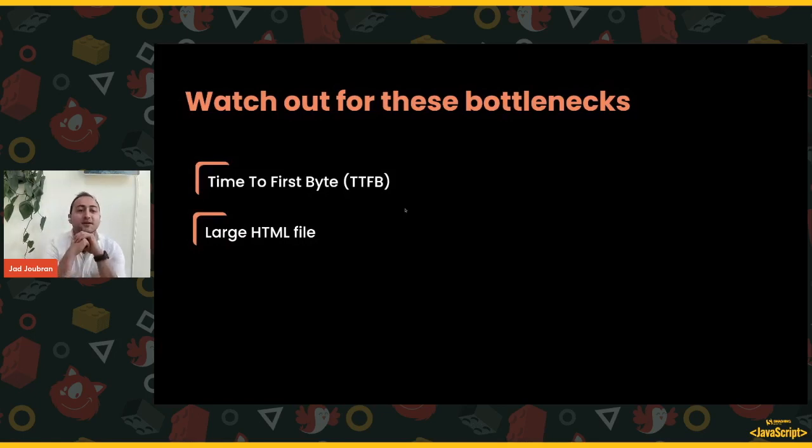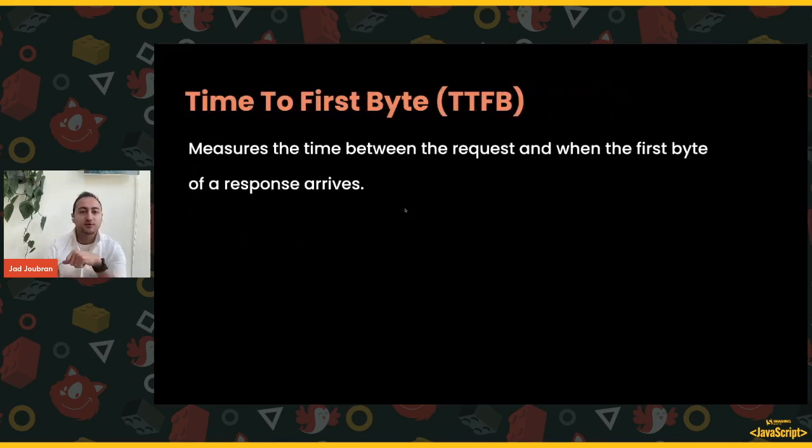So I want to cover two bottlenecks that I think we don't talk a lot about nowadays. The first one is time to first byte and large HTML file. So let's start with the time to first byte. This is a metric that measures the time between the request and when the first byte of the response arrives. So you open up your browser, type a certain URL, hit enter.